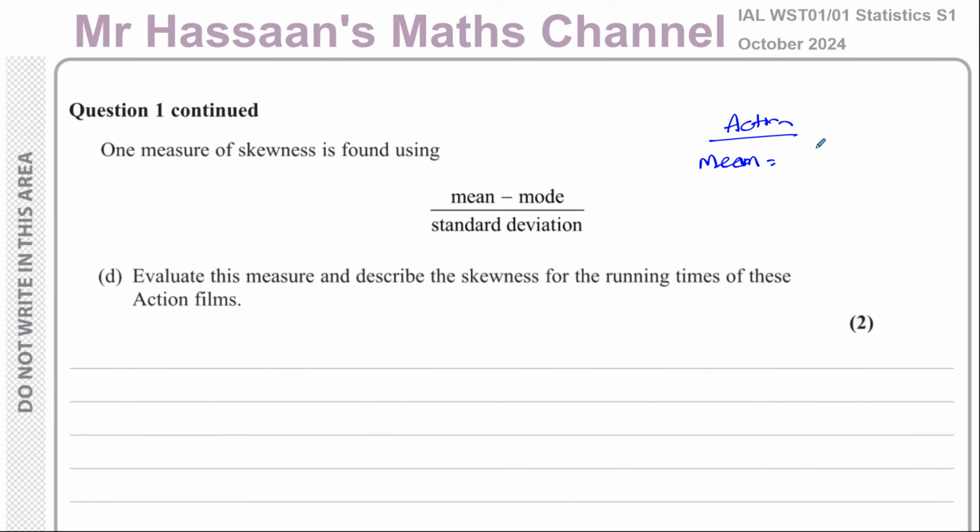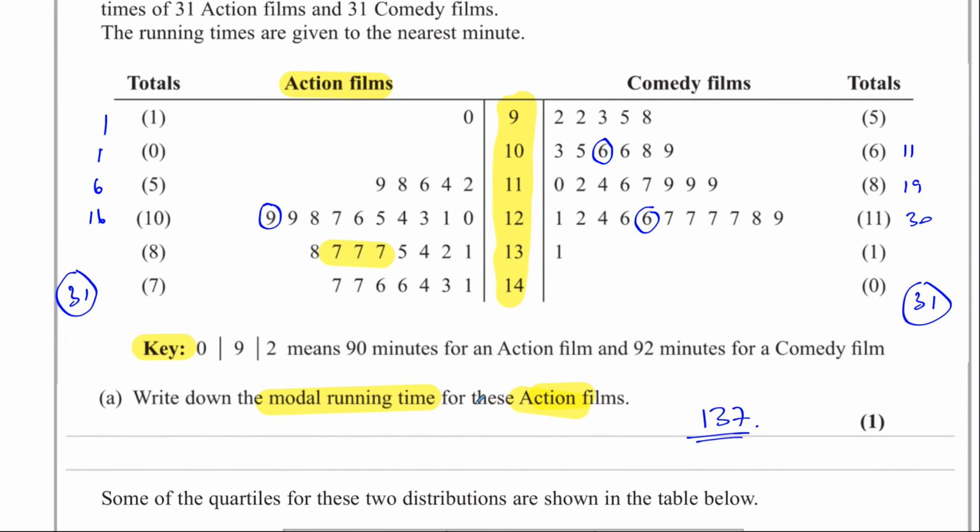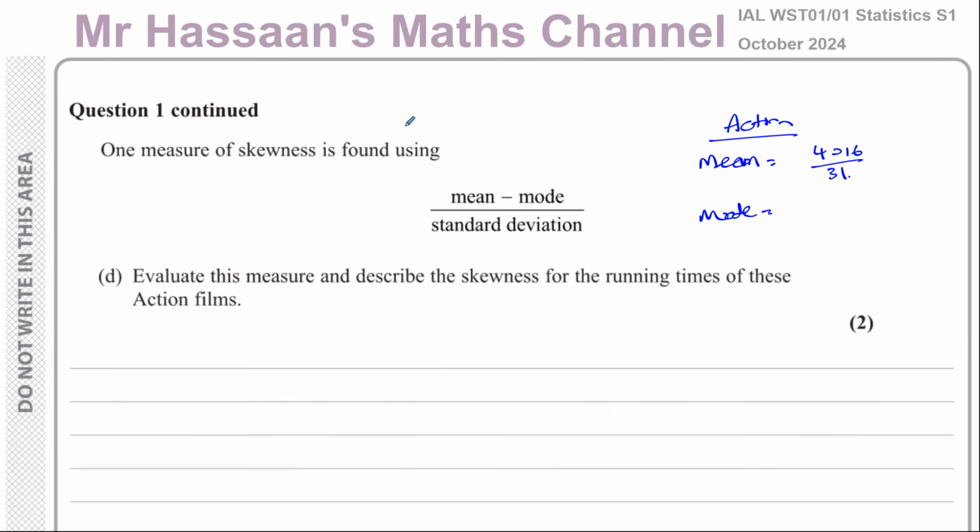I'm going to keep it in its more exact form. And the mode, I think we worked that out as well. The mode for the action films was 137. So the mode is 137.